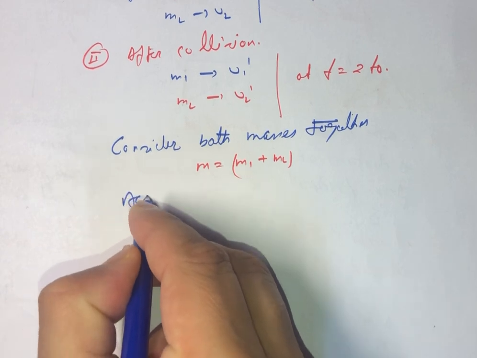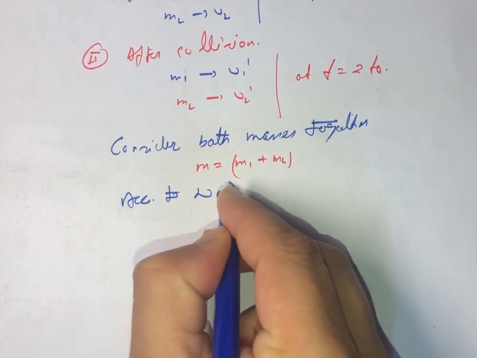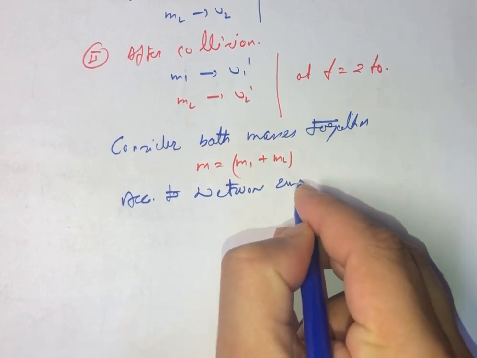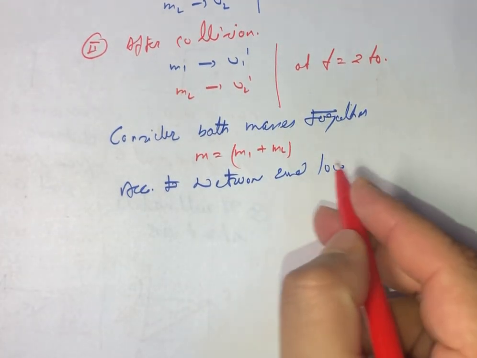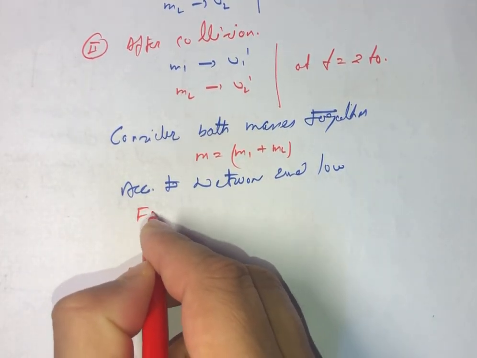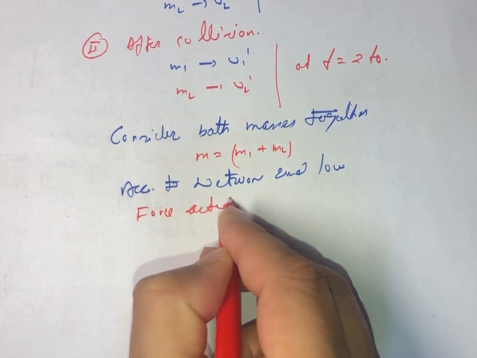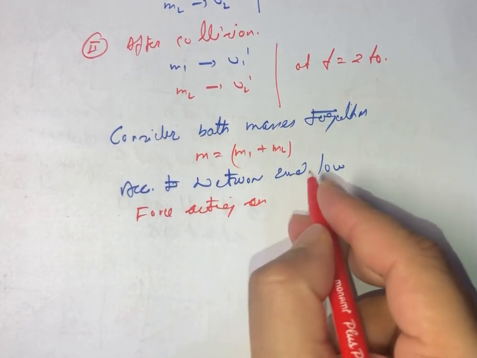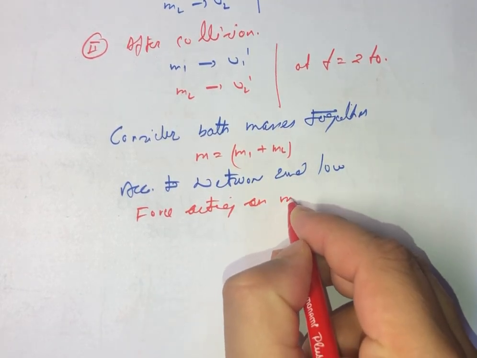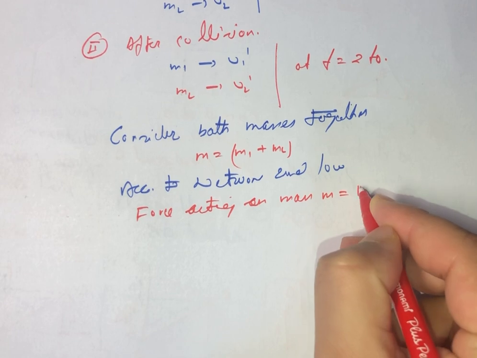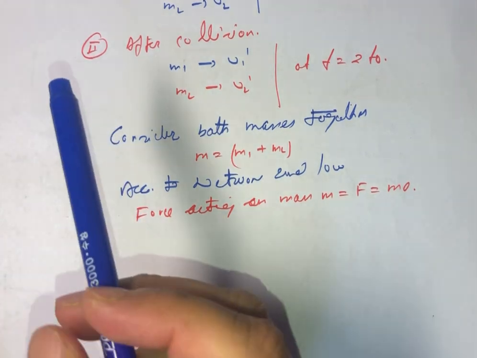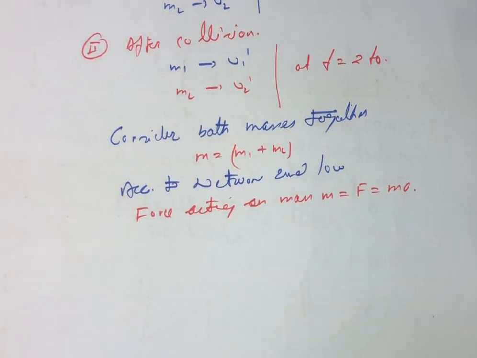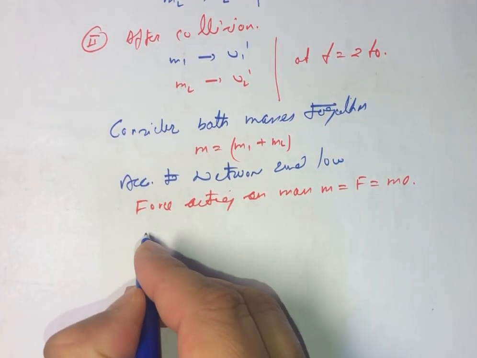So we can say according to Newton's second law, force acting on mass m, let us suppose given as F is equal to ma, and herein, as the particles are in projectile motion, the acceleration will be because of the acceleration due to gravity.